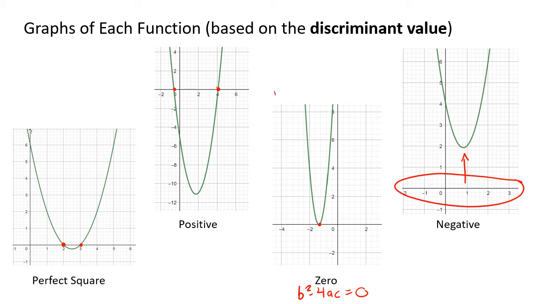This is all determined based on that discriminant value, that b squared minus 4ac. It really tells you a lot about how that function is going to look before you even plot all these points and graph it. So understanding that means it's easier for you to diagnose whether you've calculated the points properly and whether you've drawn the graph correctly.